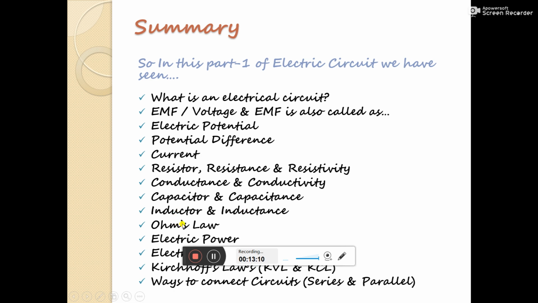Then we have seen Ohm's law, electric power, electrical energy, and Kirchhoff's laws, where we saw Kirchhoff's voltage law and Kirchhoff's current law. And lastly, we discussed ways to connect circuits.